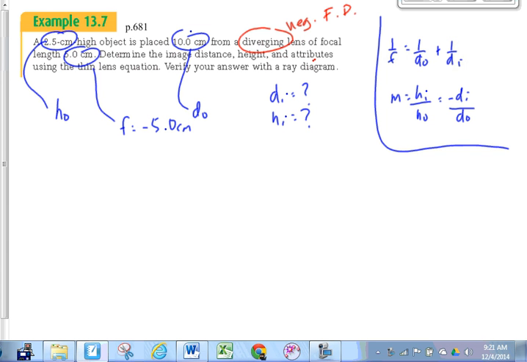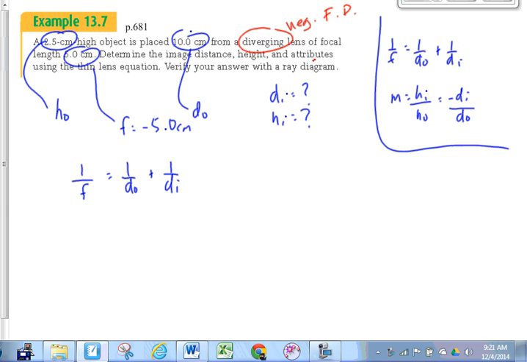Well, in these questions, there are really only 2 equations that are valid. So try one of them. I don't care which one you try first. Try whichever one you think might work. If it doesn't, try the other one. Since we have the focal length here, let's try the equation with focal length in it. If you wanted to try the other one first, that's okay. Not the end of the world.